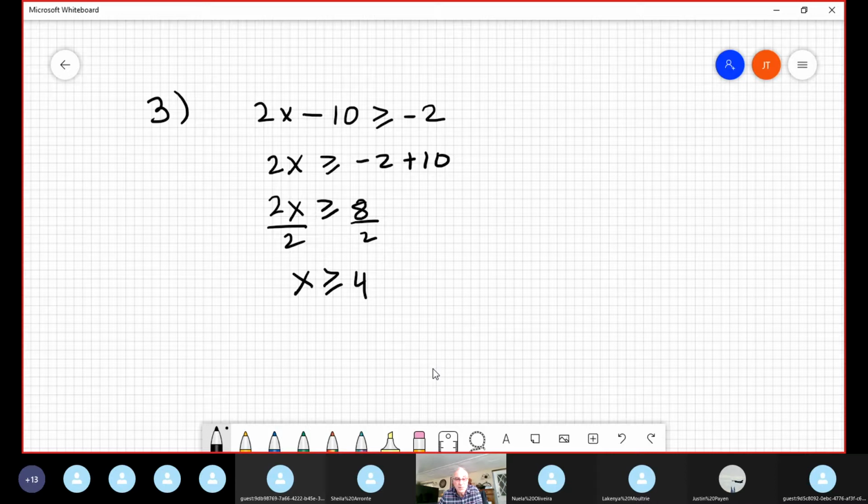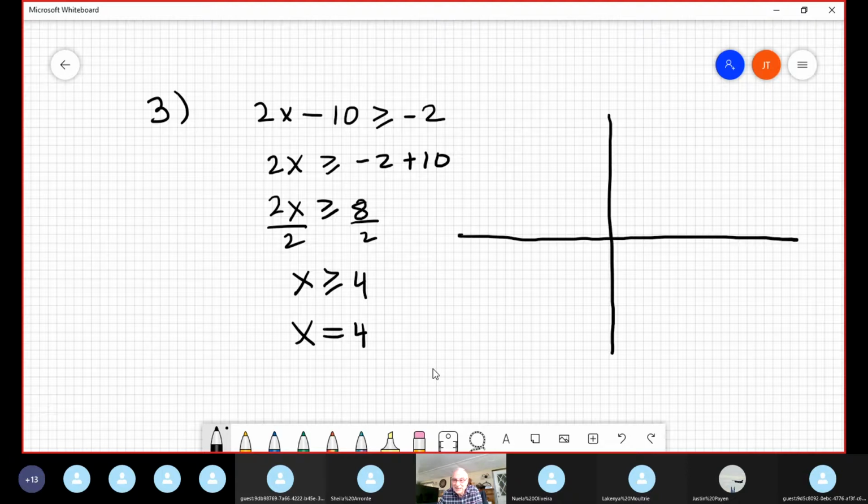Okay, temporarily you convert to an equation, because the equation gives me a line, and the line can split the plane into semi-planes. And I realize that this line is a vertical line. 1, 2, 3, 4.